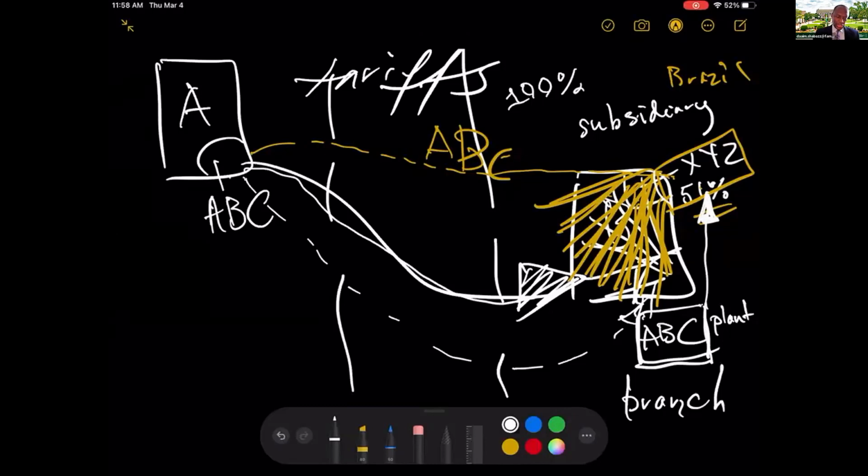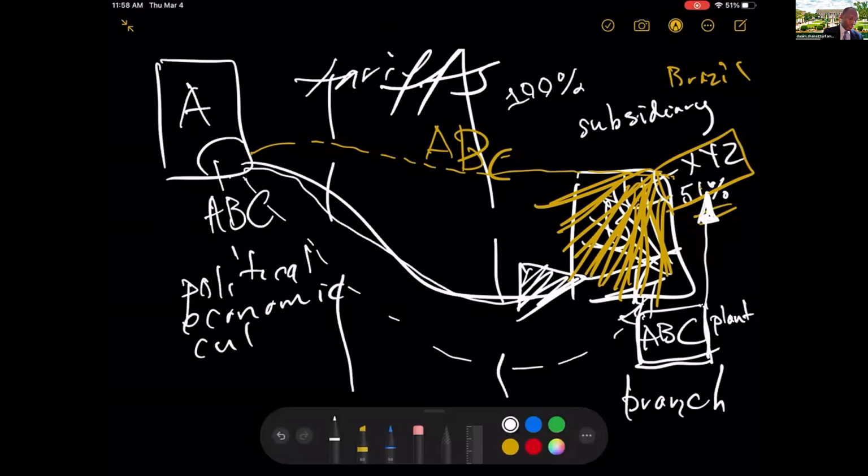So you sidestep the tariffs, but you also have an entity here, XYZ, that knows the lay of the land. They know the political environment, they know the economic, the cultural environment, technological, financial, legal.